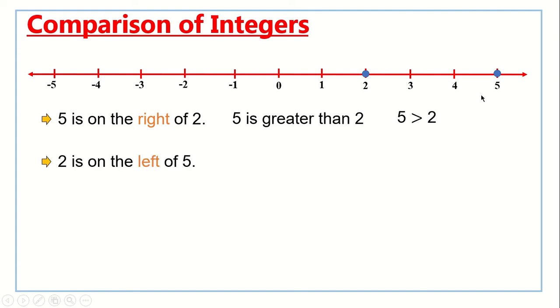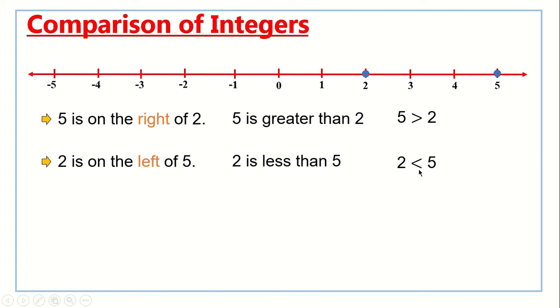Also, we see that 2 is on the left of 5, which means that 2 is less than 5, or 2 is smaller than 5. And we can write it using signs as this one. 2 is less than 5.